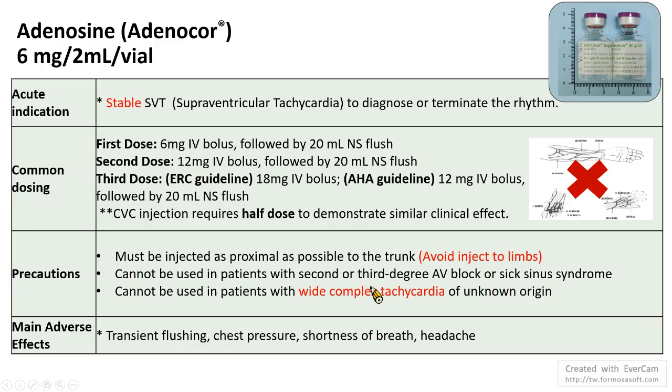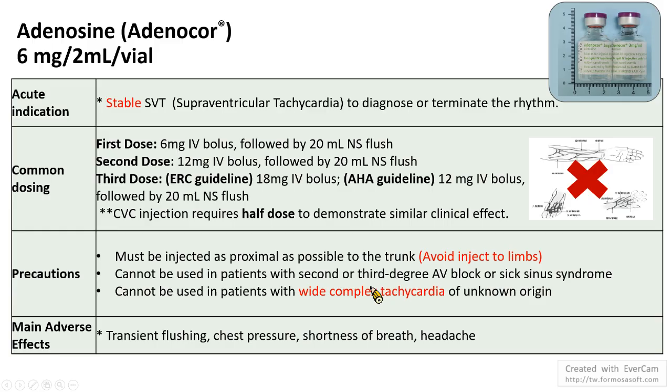As a precaution, it must be injected as proximal to the trunk as possible, and avoid injecting into the limbs, the hands, or the foot, as it could be very damaging to the peripheral vasculature.